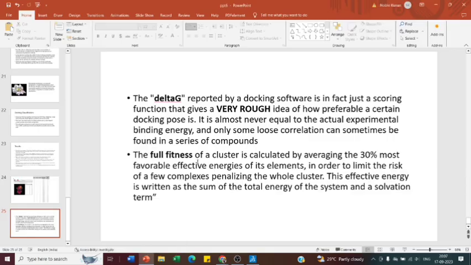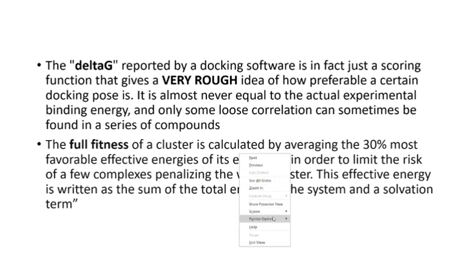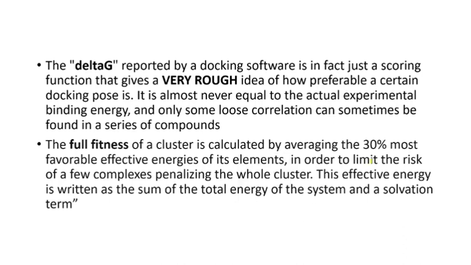So, last point, full fitness. What is full fitness? The full fitness of a cluster is calculated by averaging the 30% most favorable effective energies of its elements, in order to limit the risk of a few complexes penalizing the whole cluster.